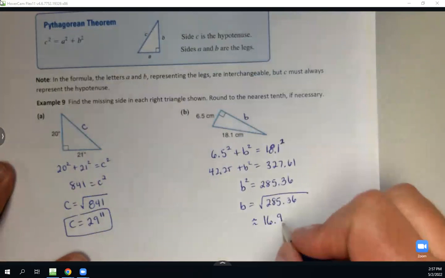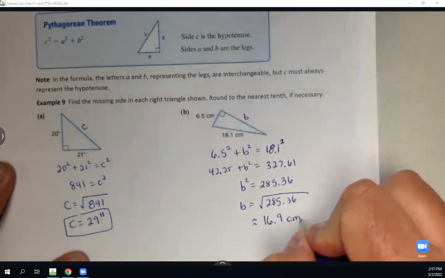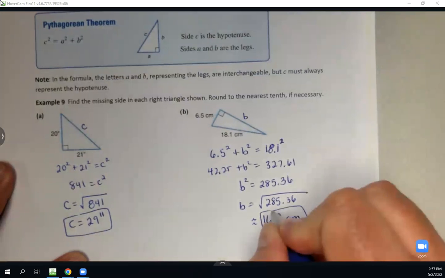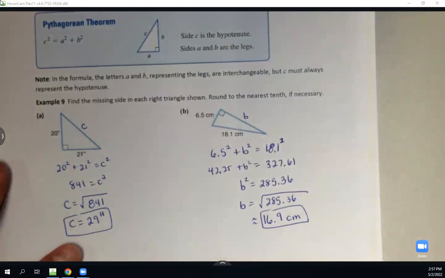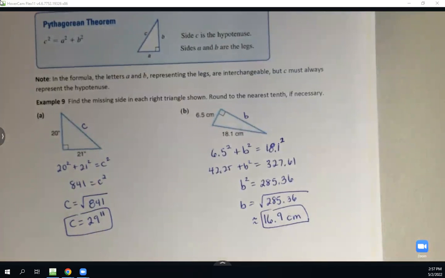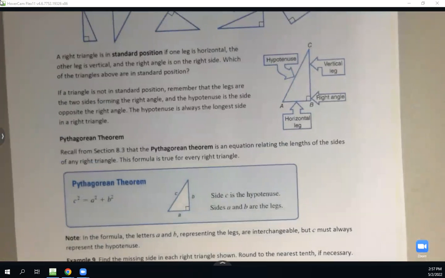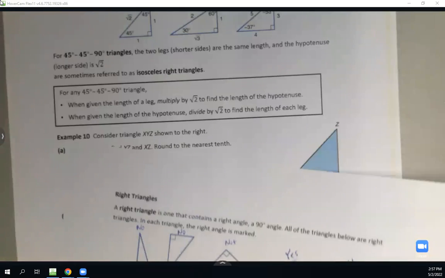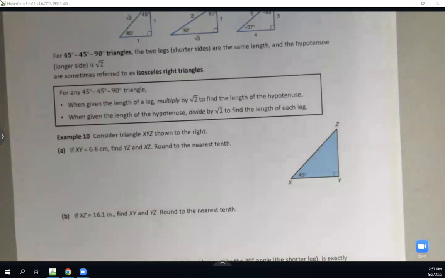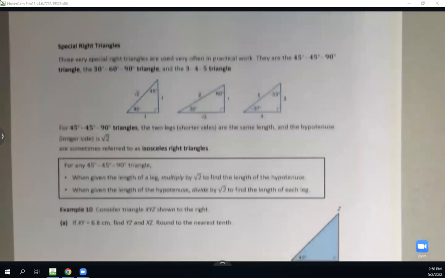So side B is going to be 16.9 centimeters long, approximately. So there's really not anything new there. We did that back in chapter 8 when we used the Pythagorean theorem.